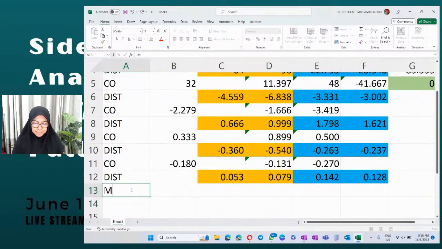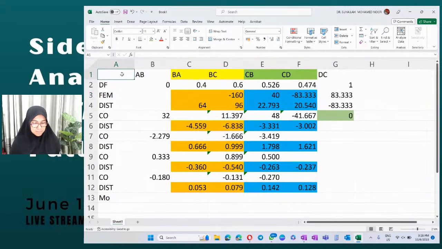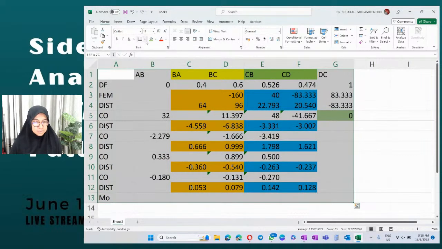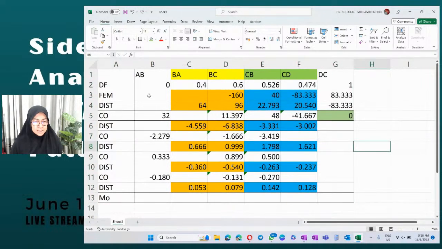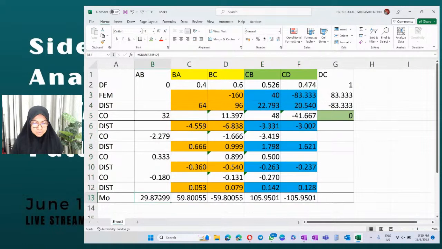So this is M naught, the table. The summation of moment starts from FEM, to three decimal places.